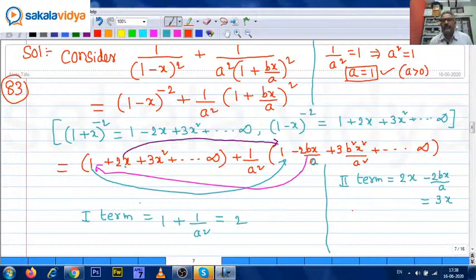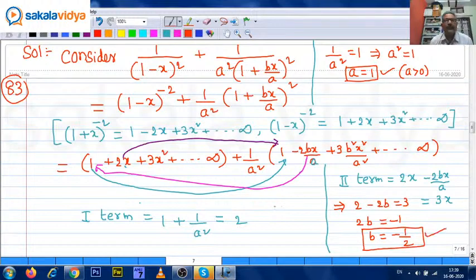Next we go for this one. On both sides x cancels: 2 minus 2b by a is 3, so 2b is equal to minus 1, b equals minus 1 by 2. Now you can check your answers. a is 1 and b is minus half.